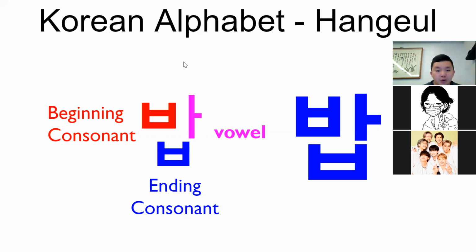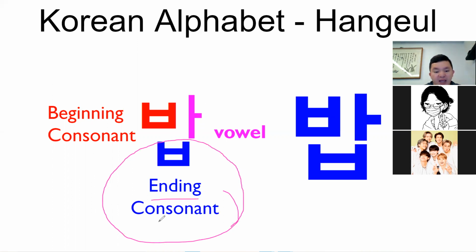But look at here. Especially concentrate on the blue parts. I put that as an ending consonant. Another way to call it is a final consonant. So this is another structure of a syllable. I just mentioned the basic Korean syllable is a consonant and a vowel.